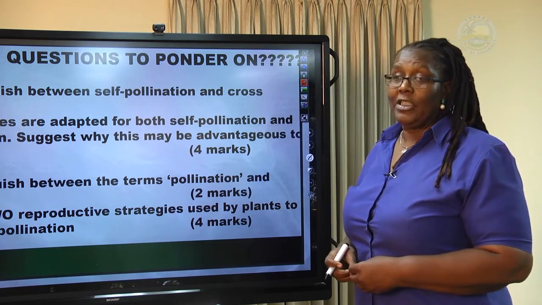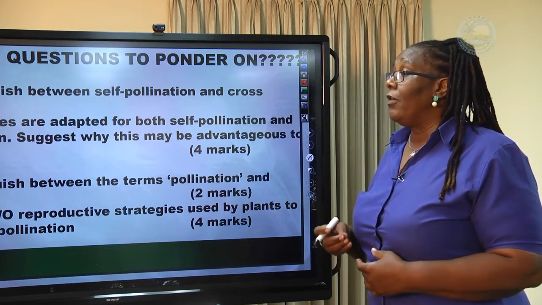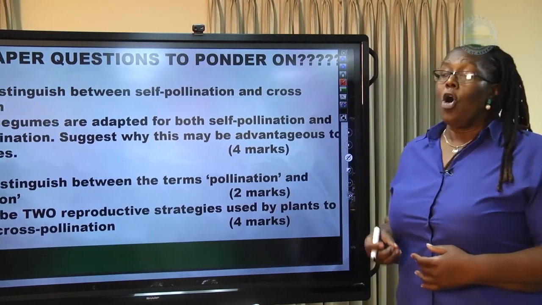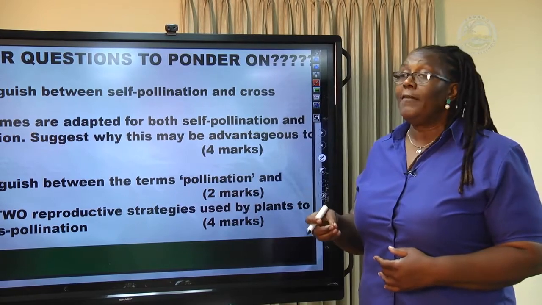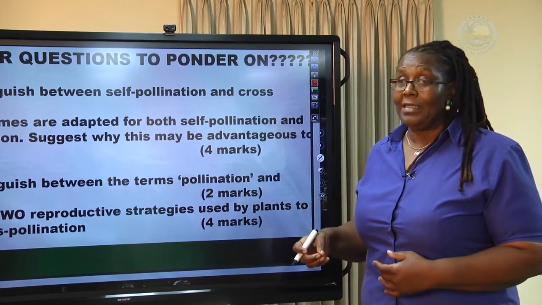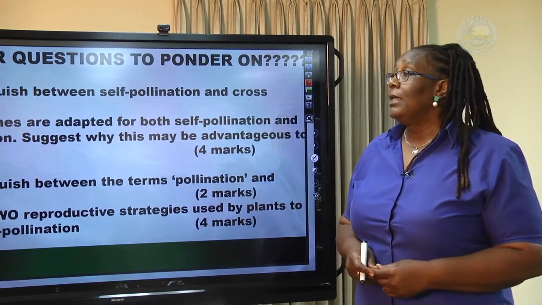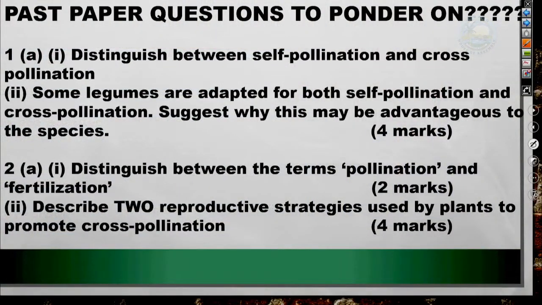Whereas cross-pollination is the transfer of pollen grains from the anther of one flower onto the stigma of another flower on another plant of the same species. That was the question asked in a CXC past paper. Mind you, this question may have been worth 2 marks. Good? So I trust that you would have been able to answer and get your 2 marks.